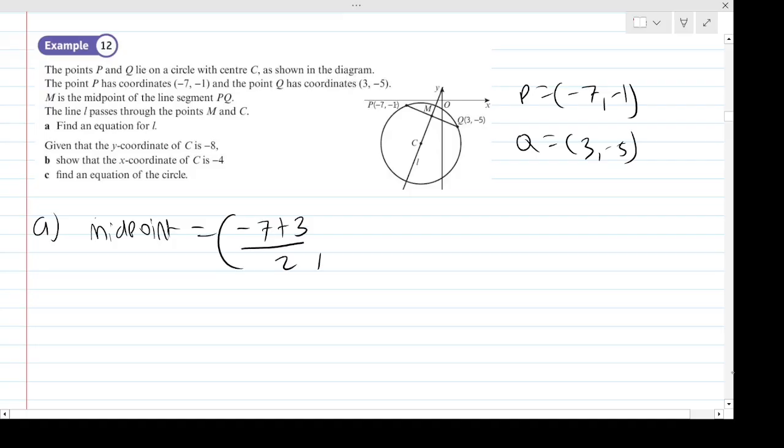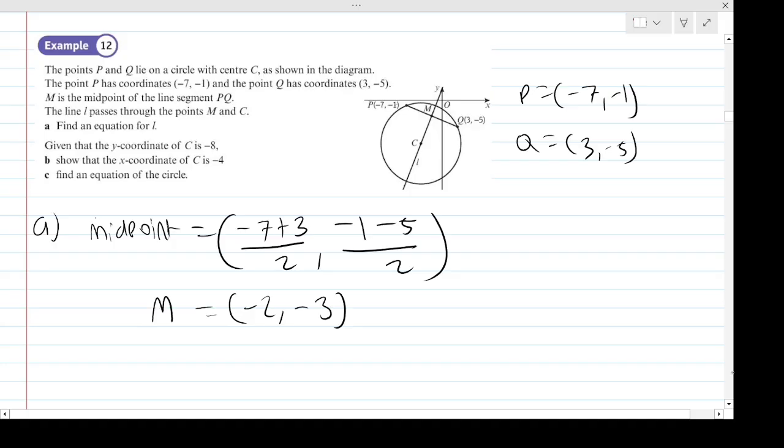Then we add the y points, so -1 add -5 over 2. -7 add 3 is -4 over 2, that's -2. Then -1 -5 is -6 over 2, that's -3. Cool, so we have -2, -3 there. So we've got our midpoint M.